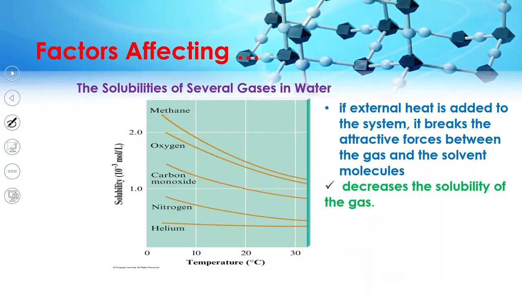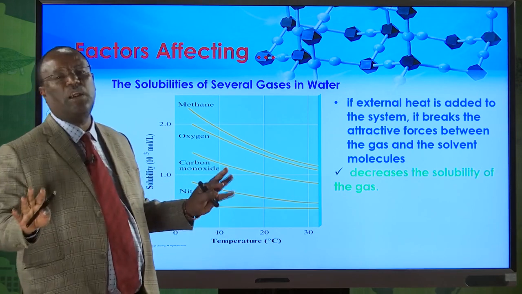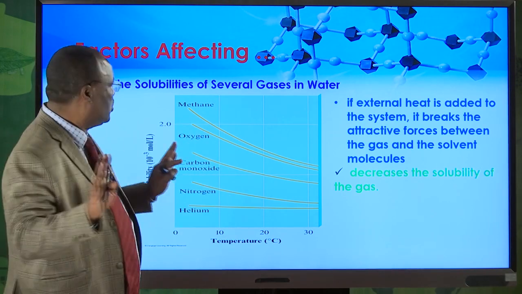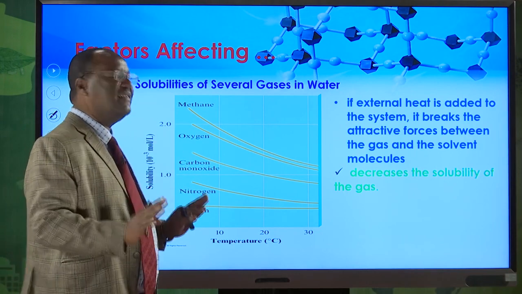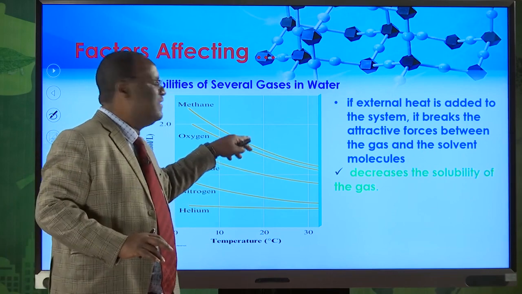It decreases the attractive force between the gaseous molecules and the solvent molecules as temperature increases. So the interaction between the solvent molecule and the gaseous molecule decreases as temperature increases. This is why the solubility of gas decreases with increasing temperature.